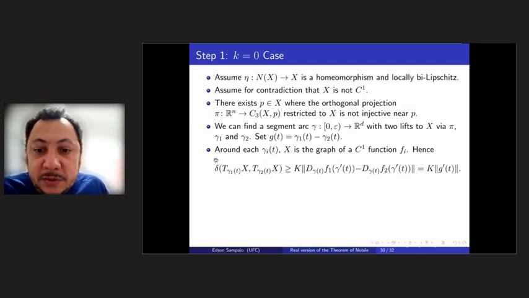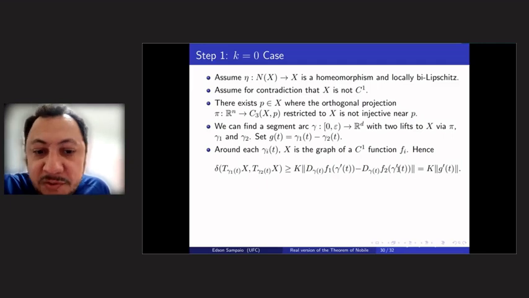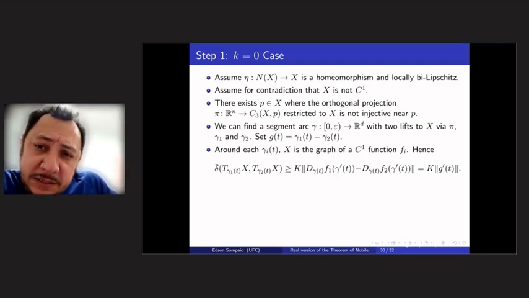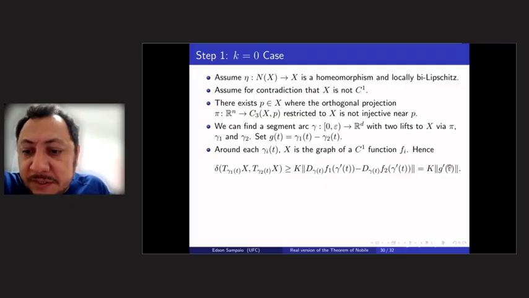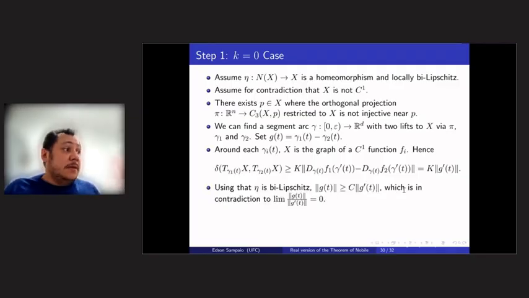It's not hard to prove that, since they are graphs of C^1 functions, there is some constant k such that we have this inequality. But what appears inside the norm is just the derivative of g with respect to t. So we obtain that the distance in the Grassmannian at each of these points is greater than some constant times the norm of g prime.